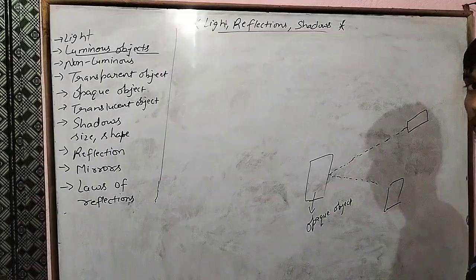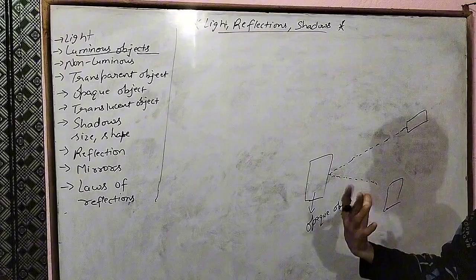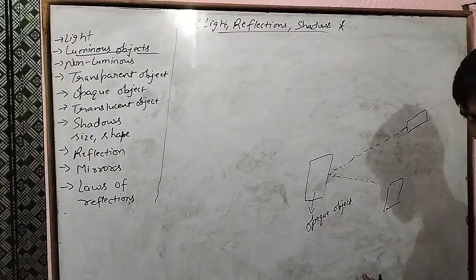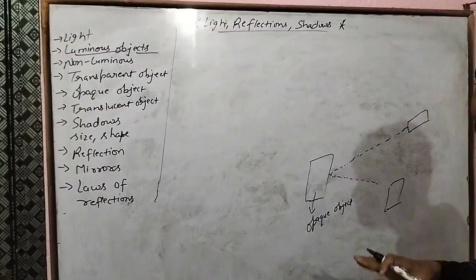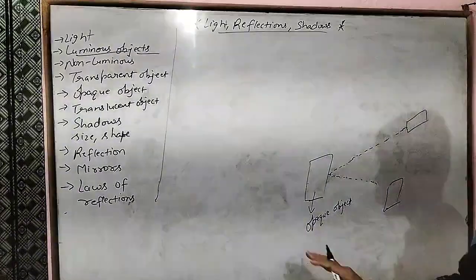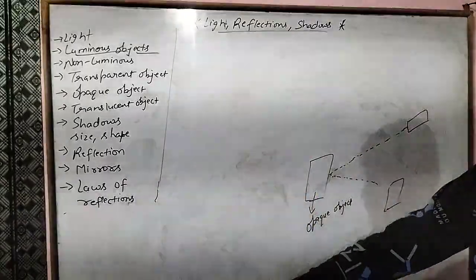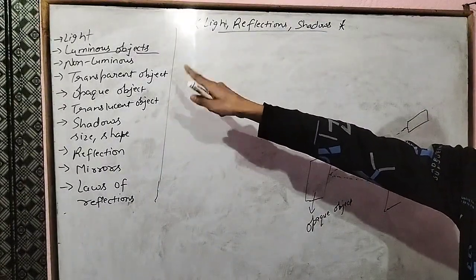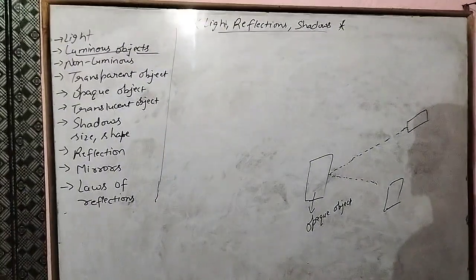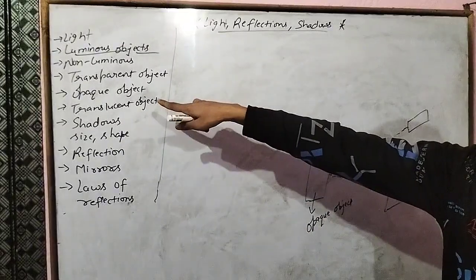Otherwise, if the light is not passing through the object, then those objects will be named as opaque objects.